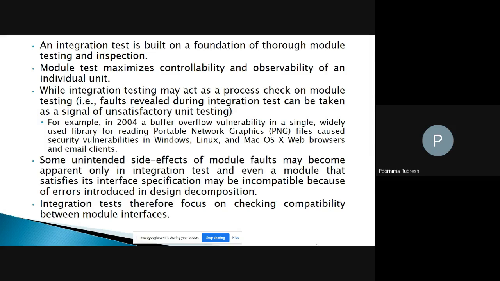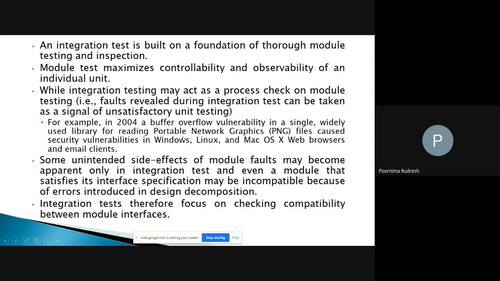One more example is given here. In 2004, a buffer overflow vulnerability in a single widely used library for reading portable network graphics files caused security vulnerabilities in Windows, Linux, and Mac operating system web browsers, and also in email clients. So here the problem is just the buffer overflow vulnerability, which occurred in a widely used library, that is the portable network graphics.